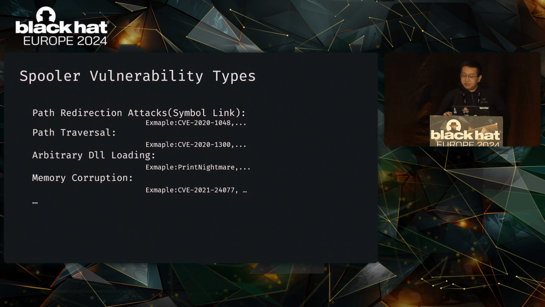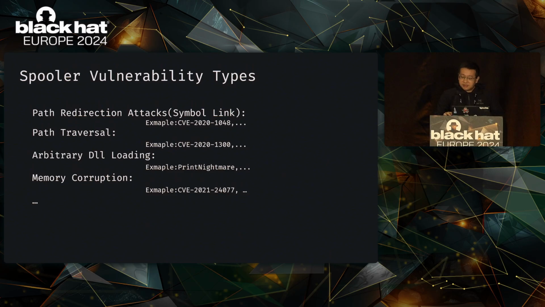The vulnerabilities in the printer are numerous, but almost all the famous bugs follow some familiar patterns, including path redirection attacks, path traversal vulnerabilities, arbitrary DLL loading bugs, memory corruption bugs, and some other logical bugs.